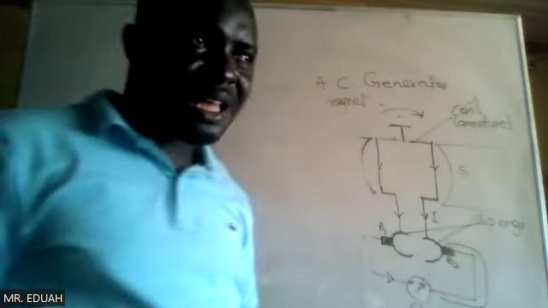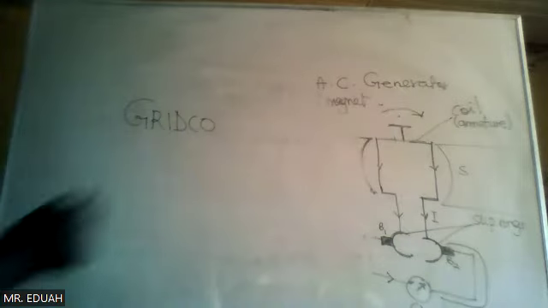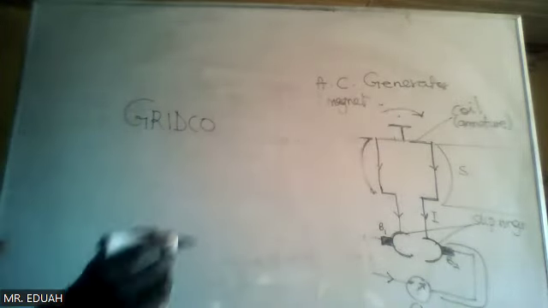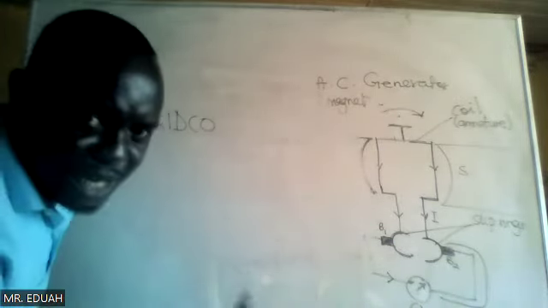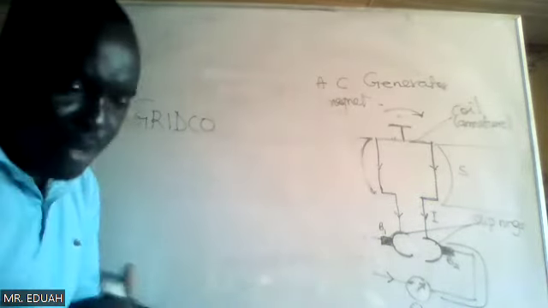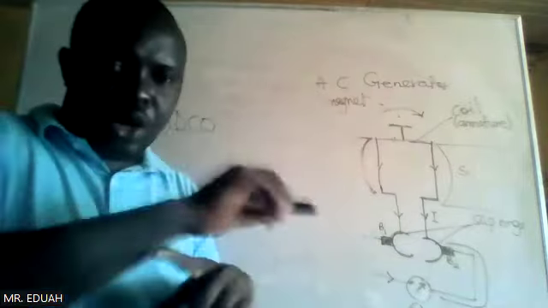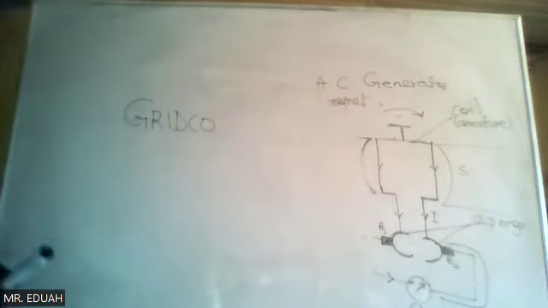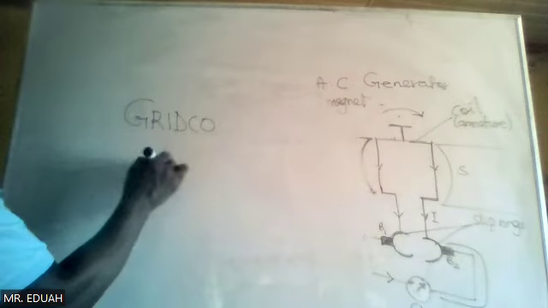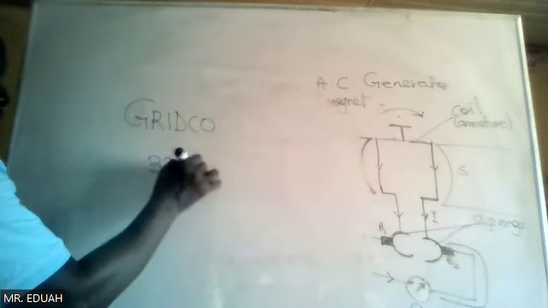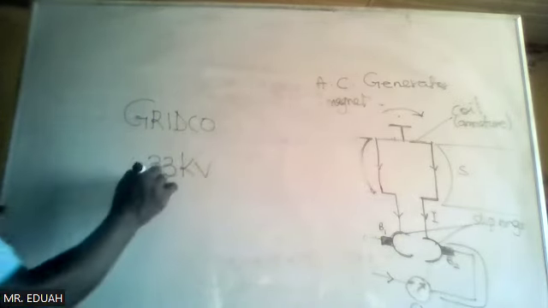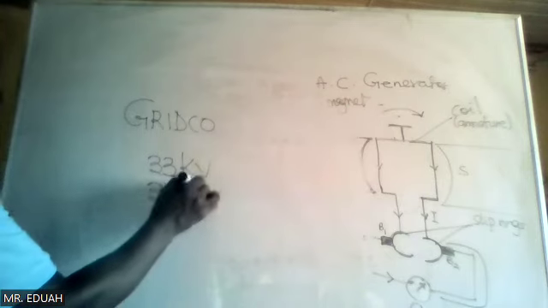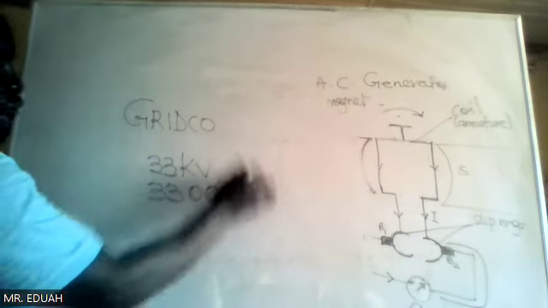Whenever it is produced by VRA and transmitted by GridCo on the transmission line, those metallic pylons you see within the community, the voltage up there is around 33 kV, which is 33,000 volts.